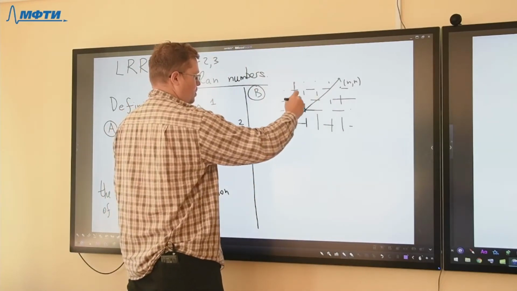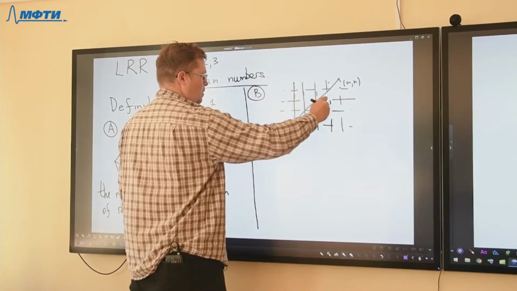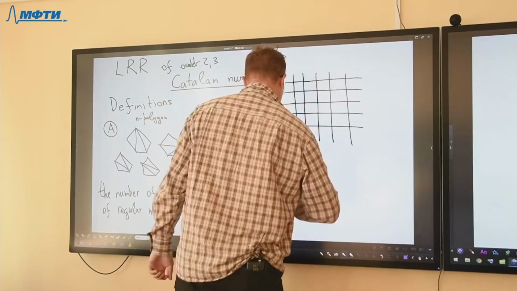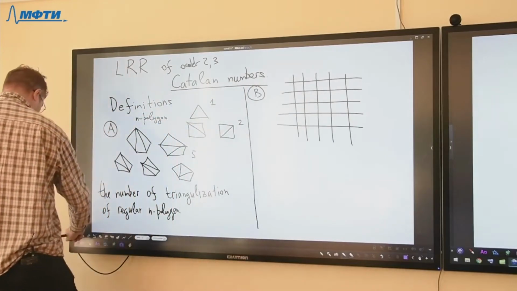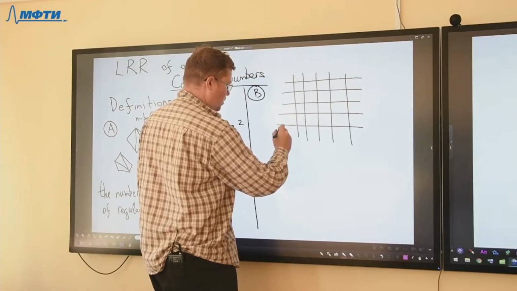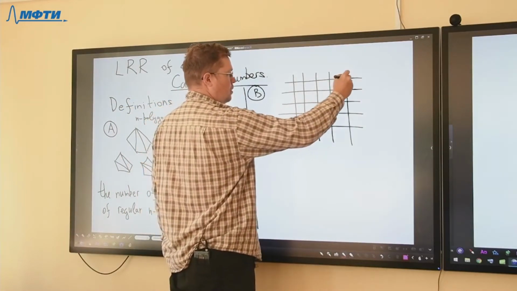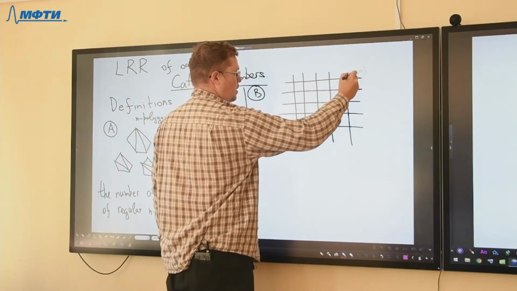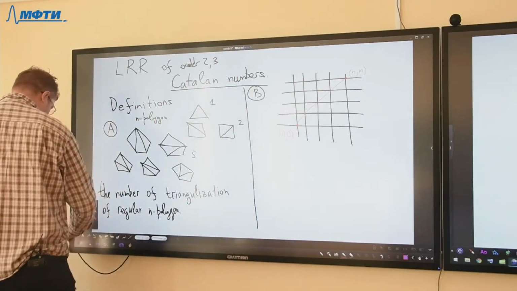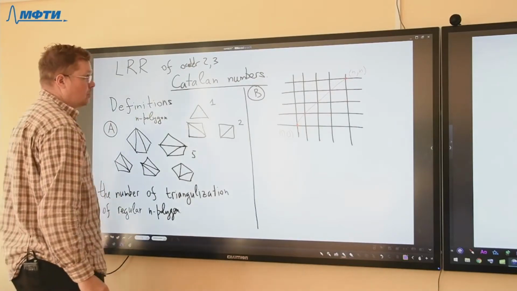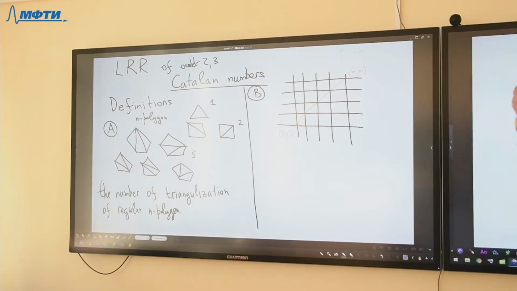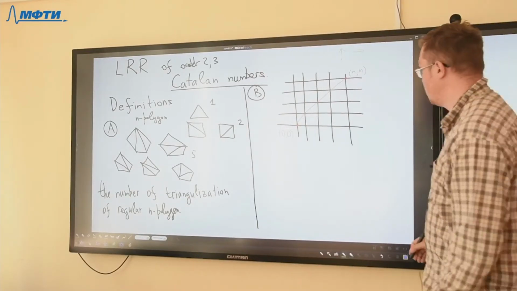So I start from here, going to here, and go only up and right and over the diagonal.